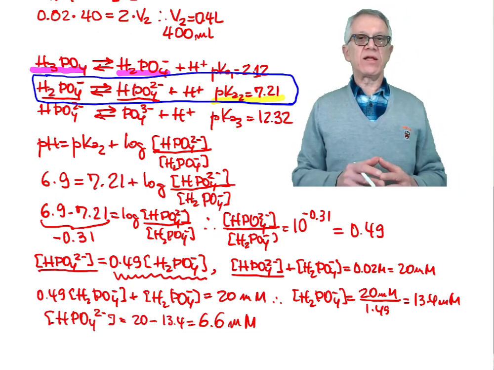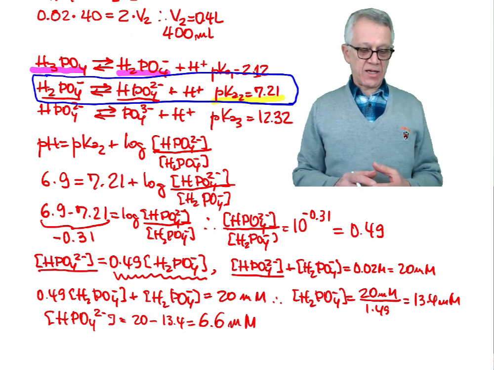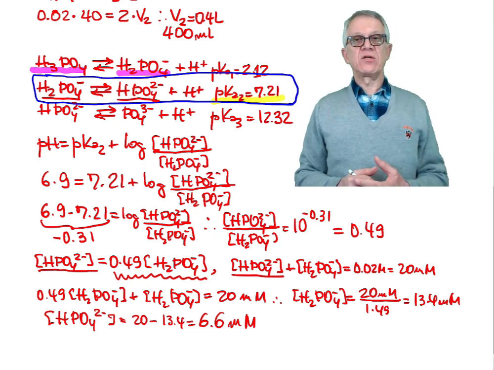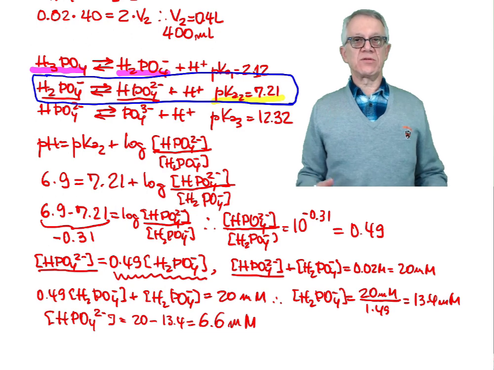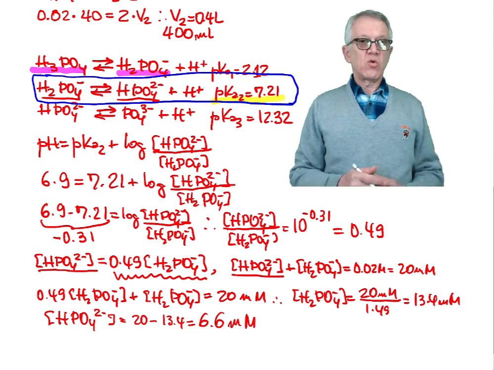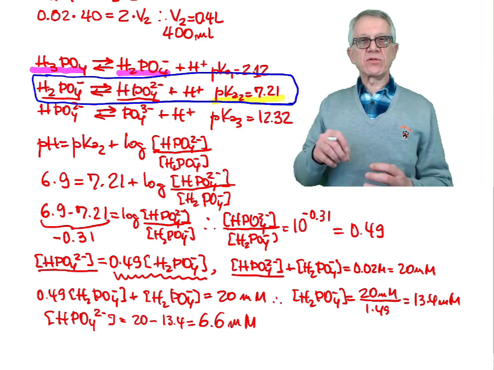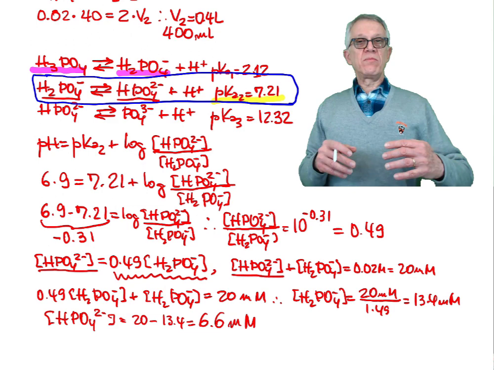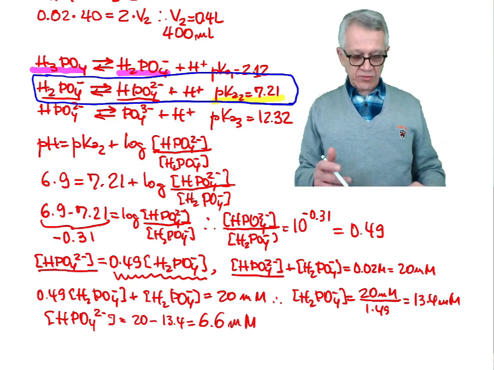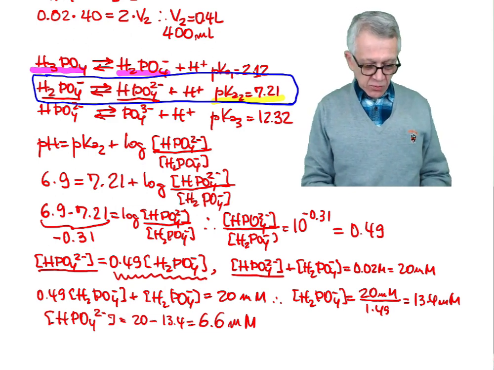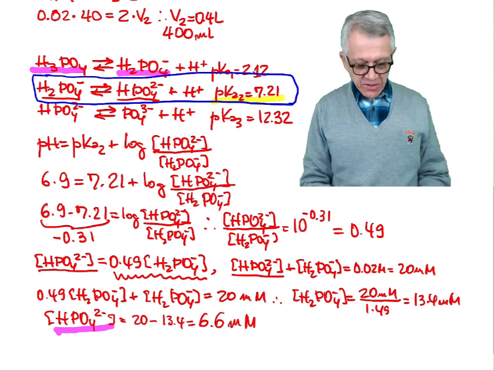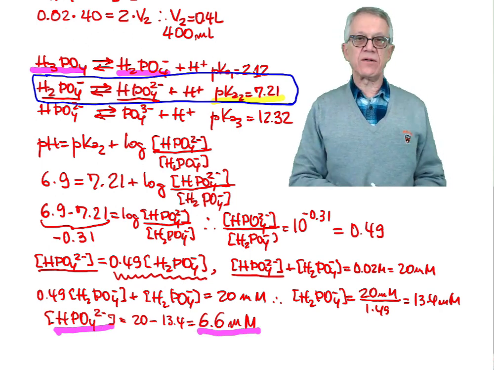So I have to calculate how many moles of H3PO4 I have to calculate the number of moles of KOH that I need. Once I have H2PO4, then I need to add more potassium hydroxide to make some of the H2PO4 become HPO4 2 minus, because I want the pH to be 6.9 here.